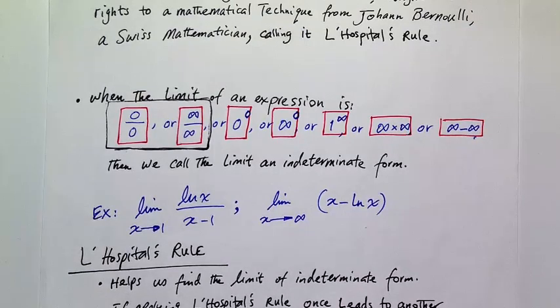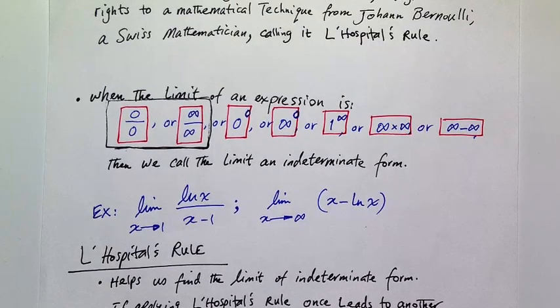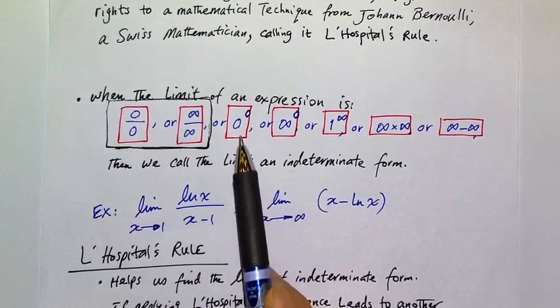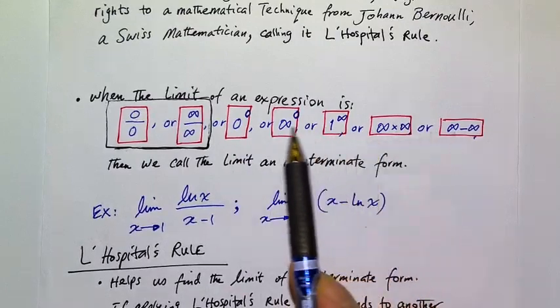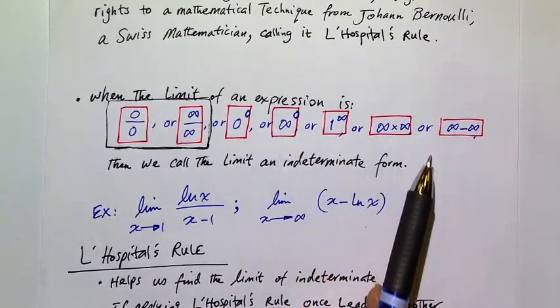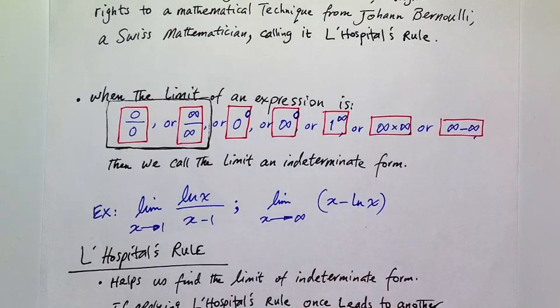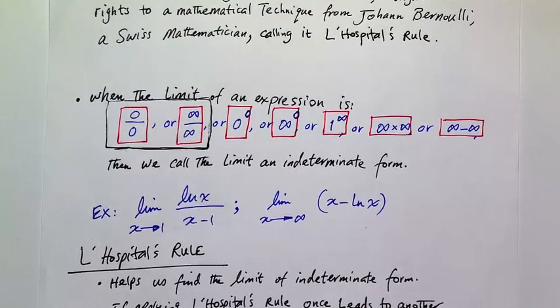But if an expression is not in fraction form, and we end up with one of these limits, then we want to put that expression in fraction form before applying the L'Hopital rule. So having an expression in fraction form is key to applying the L'Hopital rule.